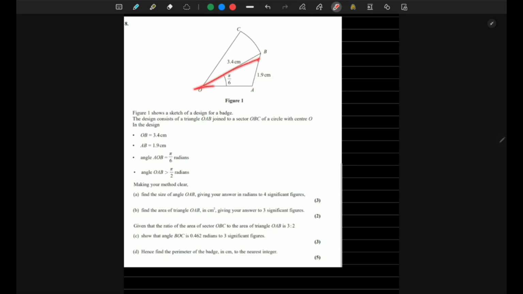Angle AOB is given to be pi over 6 radians, and angle OAB is greater than pi by 2. So as not to confuse it with the 90-degree angle, they clearly told us that this is not a 90-degree angle, this is greater than 90 degrees. Making your method clear, find the size of angle OAB, giving your answer in radians up to 4 significant figures.